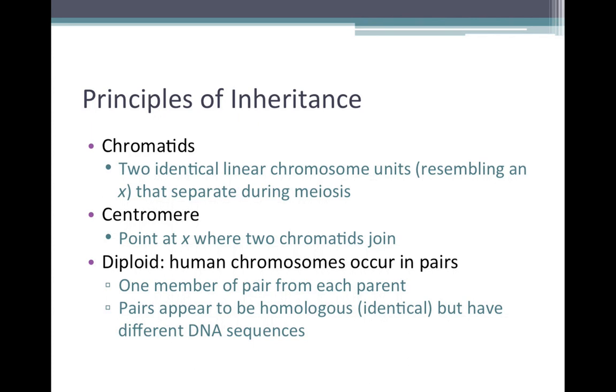But when those sex cells combine, they form a full set of chromosomes, which makes a diploid organism, which is you. Now, these pairs of chromosomes appear to be identical because they're the same chromosome. However, they're going to have different alleles, or different forms of genes, on each chromosome that come from each parent. So they might appear to be similar, but they are genetically different.